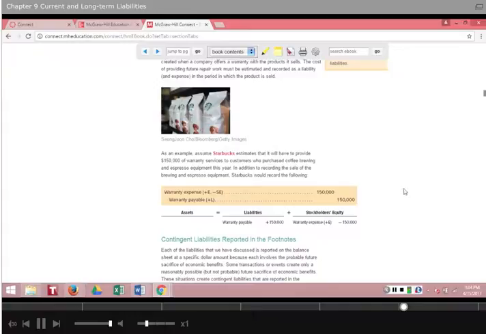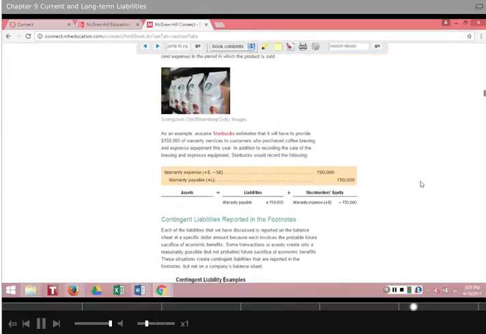This is a contingent liability that is accrued because it is both probable we're going to incur these warranty claims, the liability, and we can make a reasonable estimate. So it's a two-pronged test. It's probable that we're going to have to satisfy an obligation, and we can reasonably estimate it.